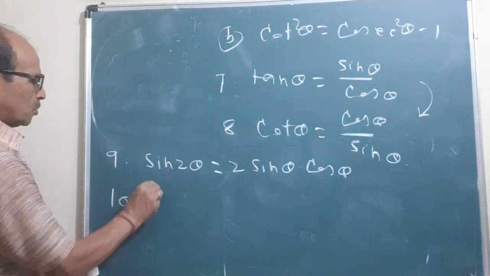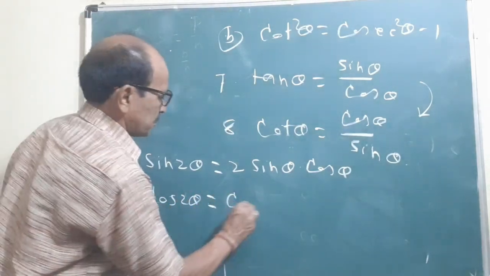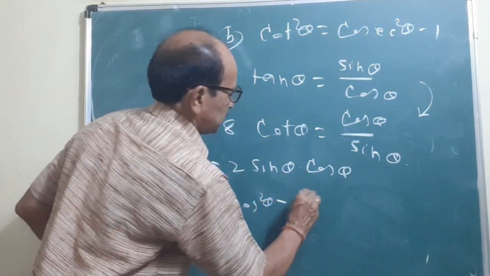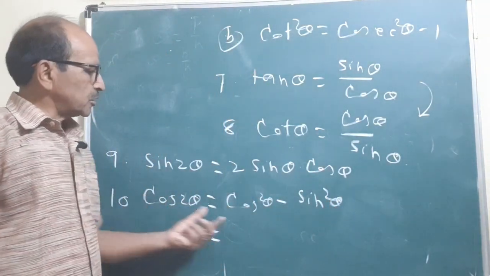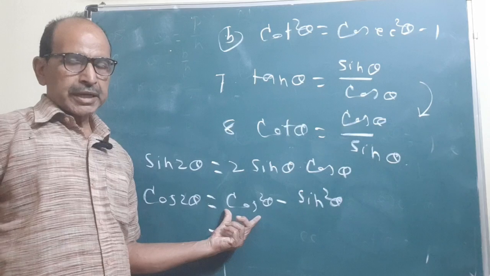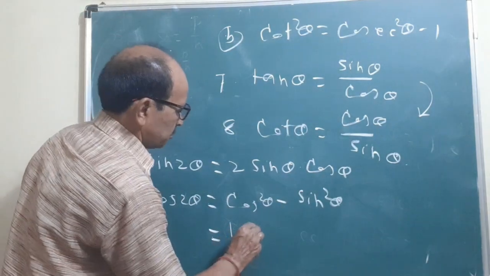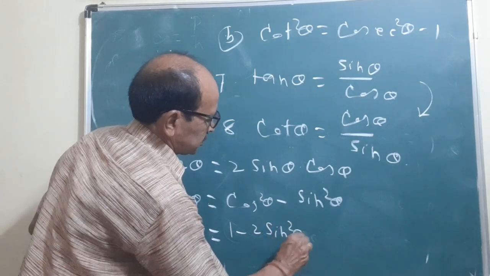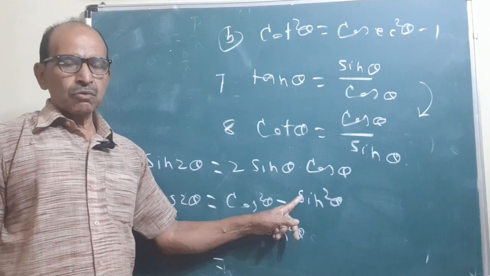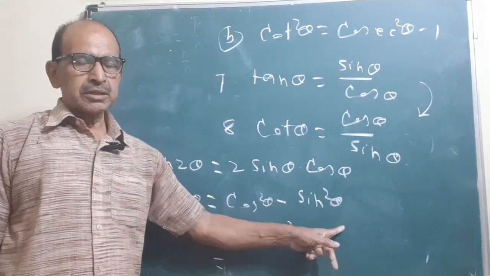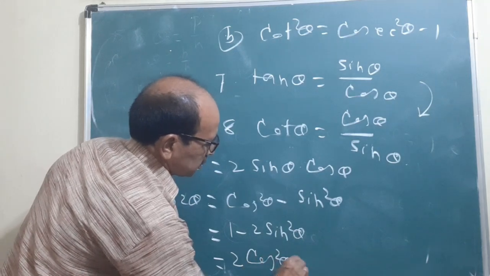One more formula, cos 2 theta is equal to cos square theta minus sin square theta. If we write cos square theta as 1 minus sin square theta, then with the minus sin square theta it becomes 1 minus 2 sin square theta. Or if we change sin square theta to 1 minus cos square theta, it becomes 2 cos square theta minus 1.